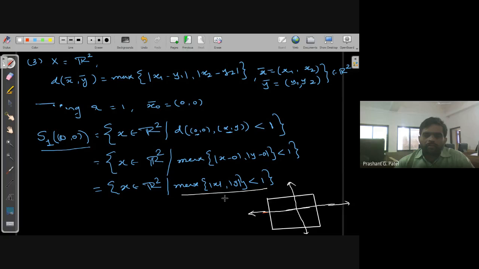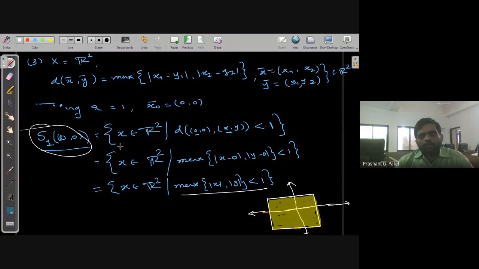And this actually represents the inside portion of this plane. The boundary is not included. Whatever portion is inside these four lines is the representation of S1 of (0, 0).